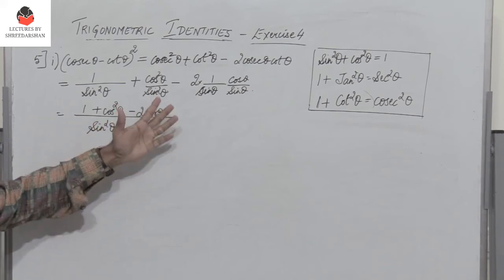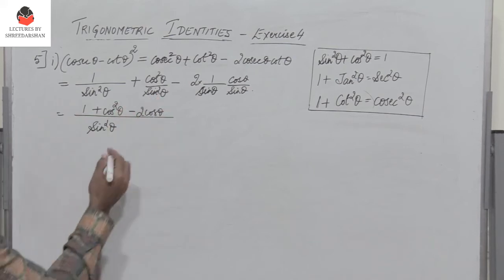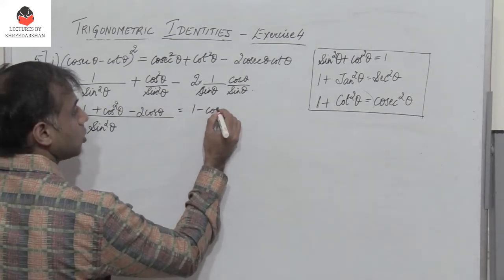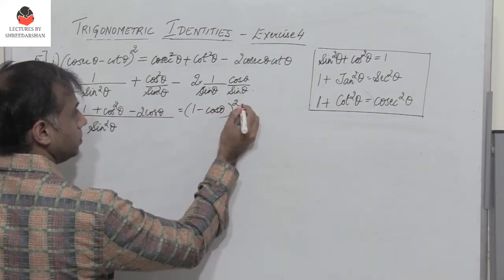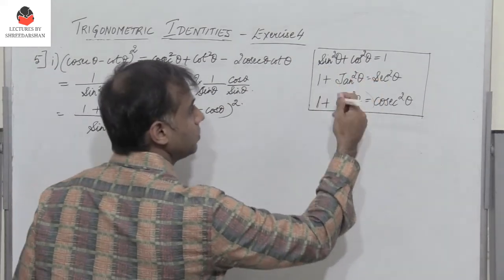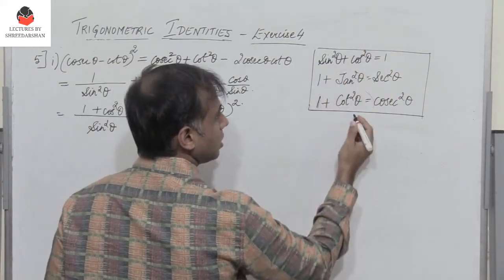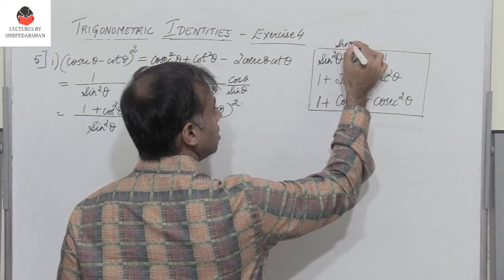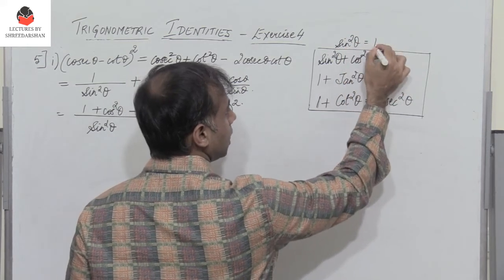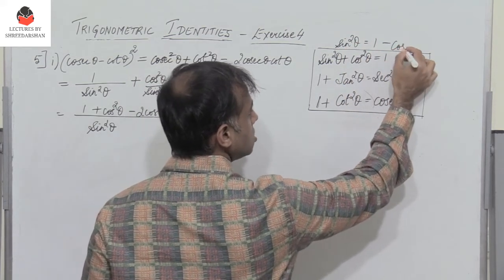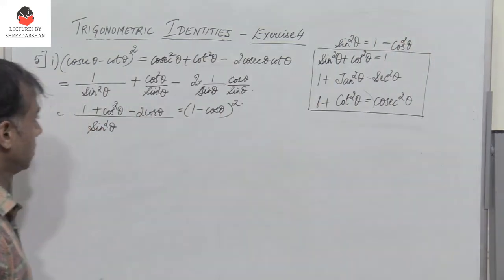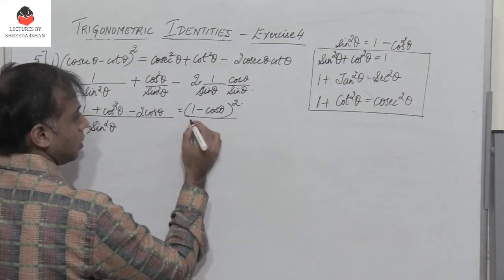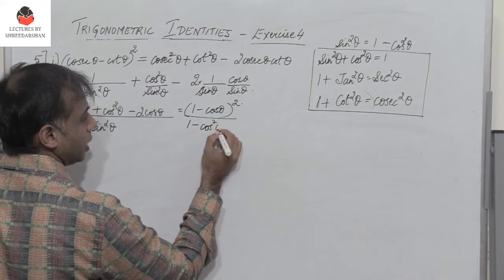So this can be written as (1 minus cos theta) the whole square. And what is sine square theta? Sine square theta is nothing but 1 minus cos square theta.